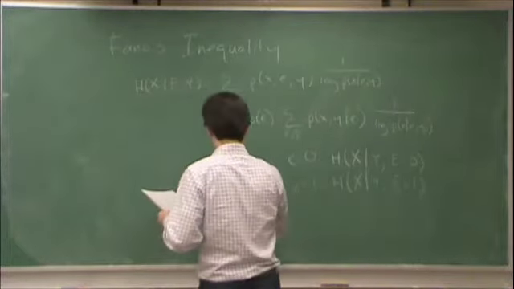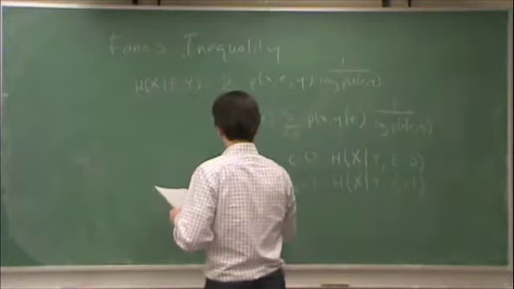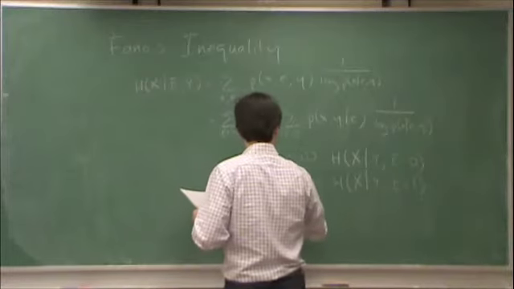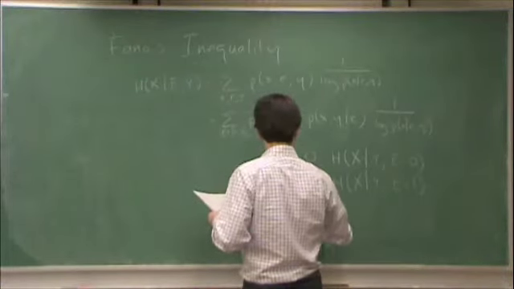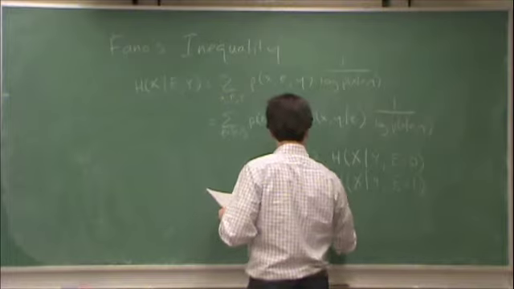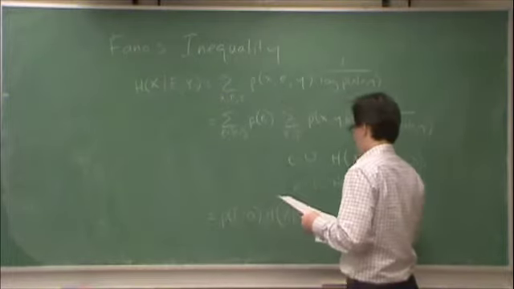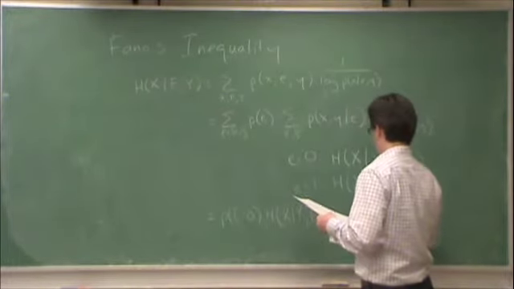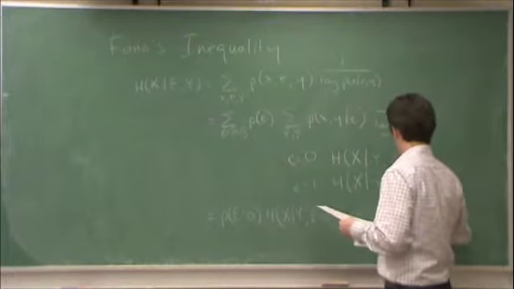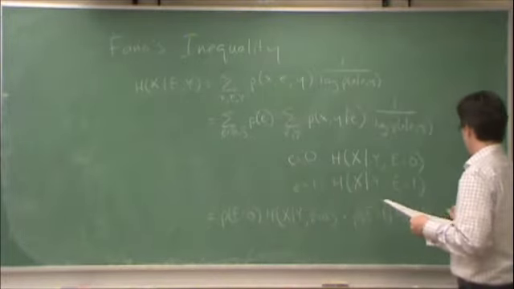The term is equal to the probability that E is 0, times h of x given y and E equals 0, plus the probability that E is 1, times h of x given y and E equals 1.